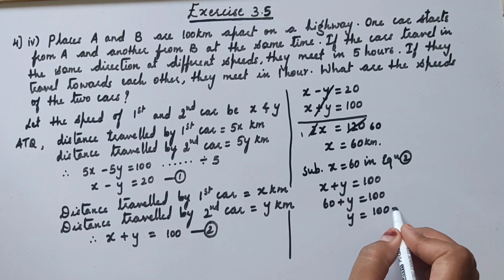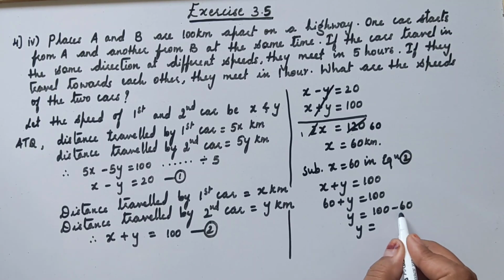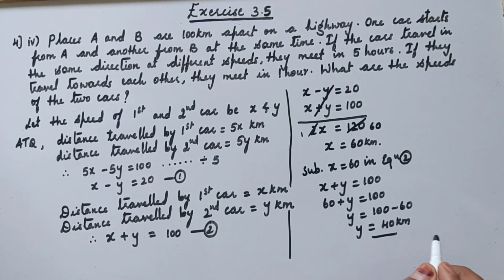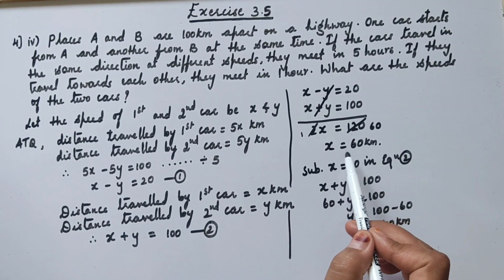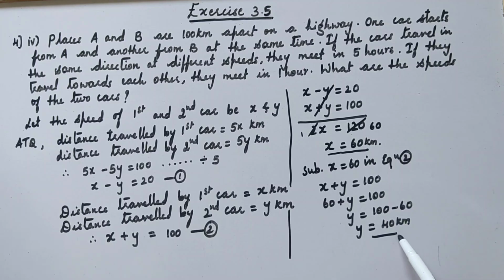Shift the 60 to the other side, it becomes negative 60. So y equal to 100 minus 60 is 40. I hope this is clear to you all. So the first car's speed is 60 kilometers per hour and the second car's speed is 40 kilometers per hour, students.